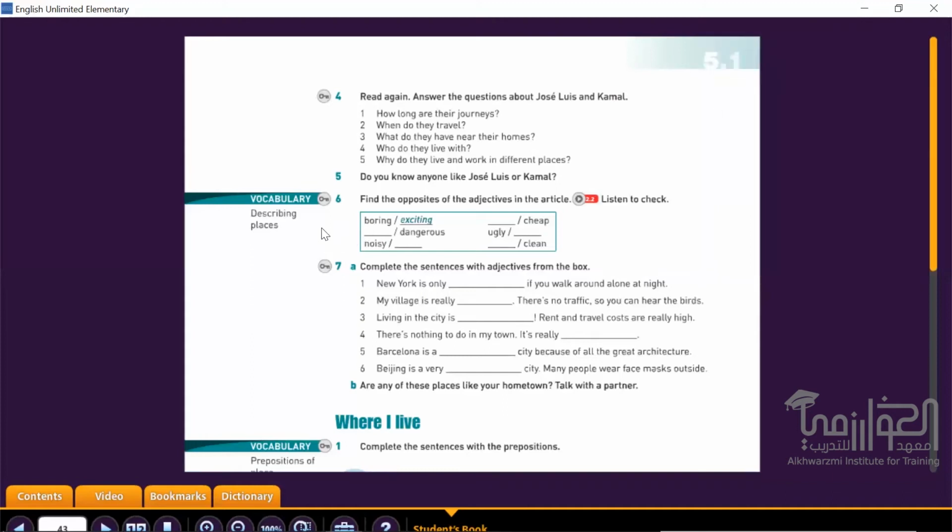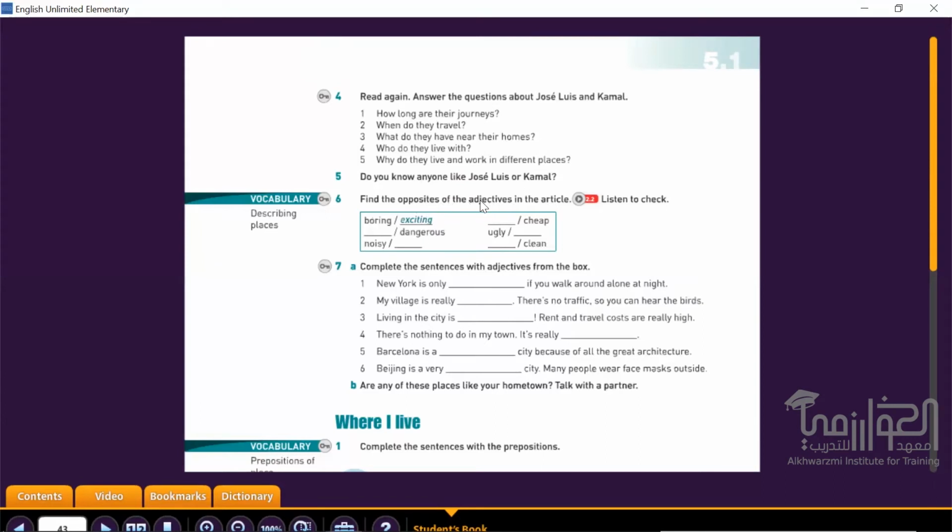Let's look at a vocabulary exercise describing places. That is Yusuf Amakin. Describing places. Now find the opposites of the adjectives in the article. So go back to your recording, go a little bit back and read the article and find the adjectives.